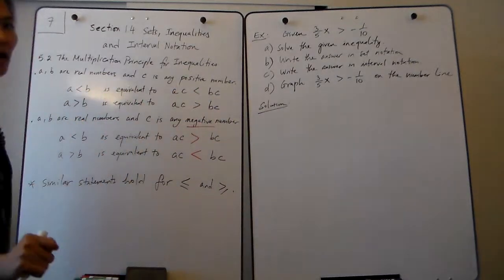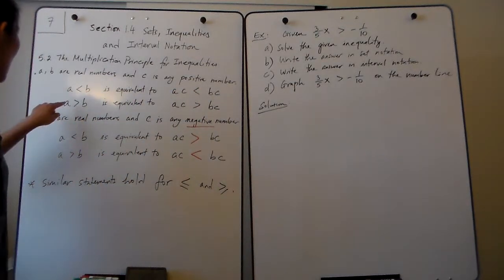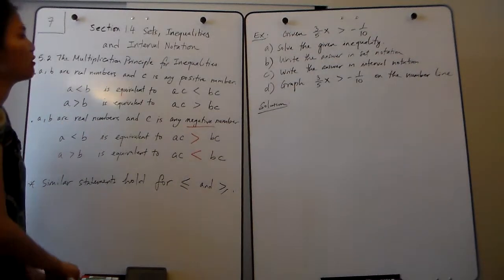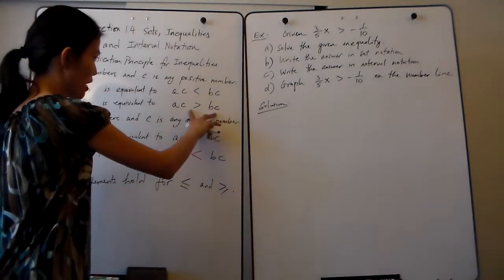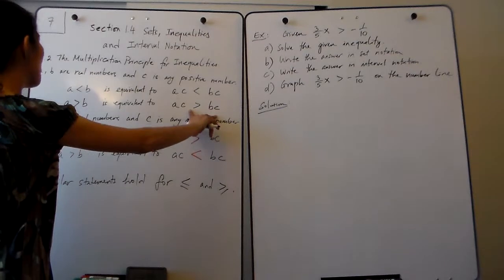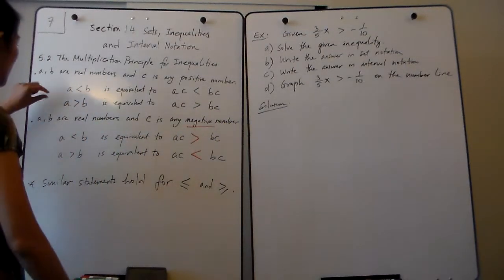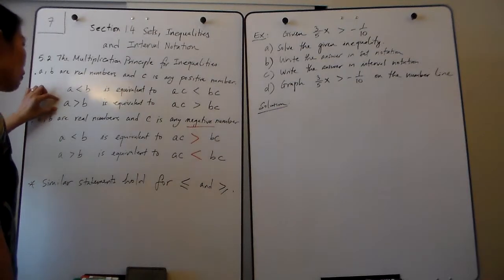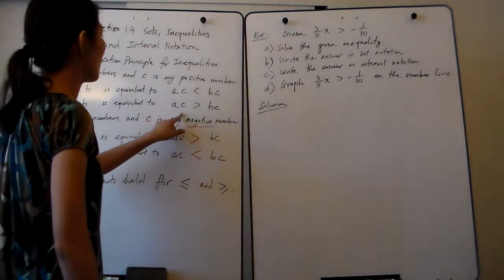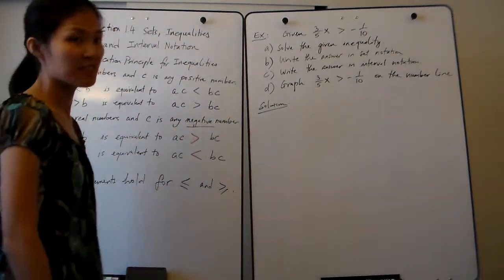Similarly, A greater than B is equivalent to A times C greater than B times C if C is positive.